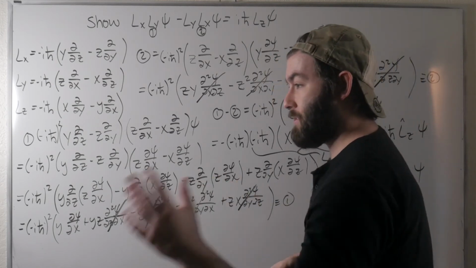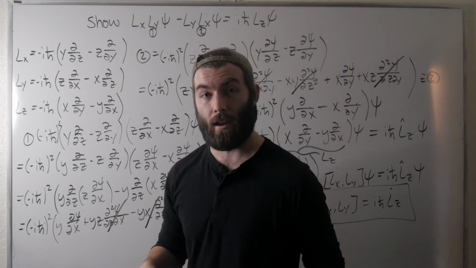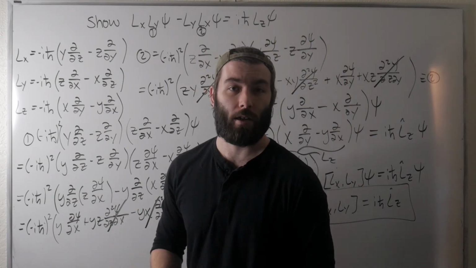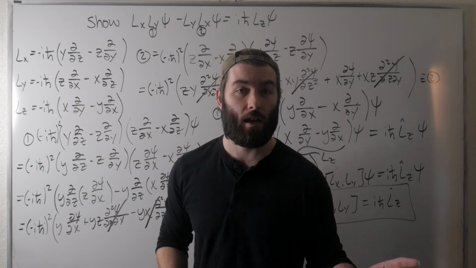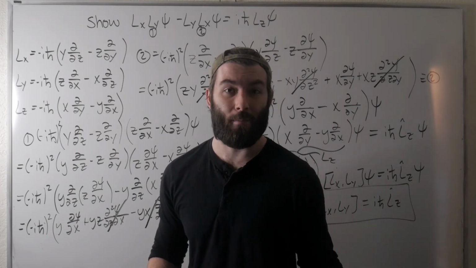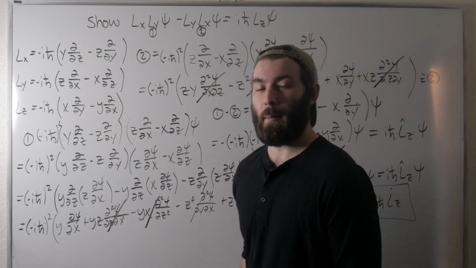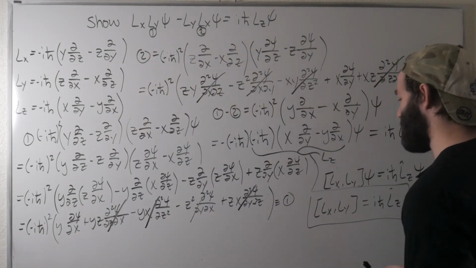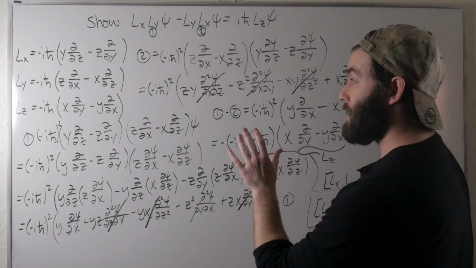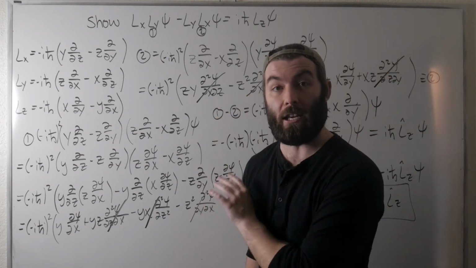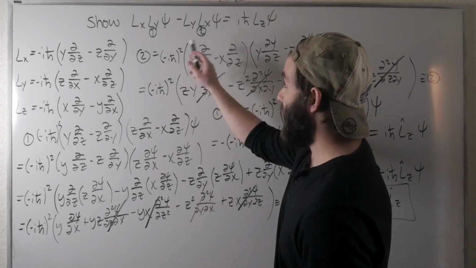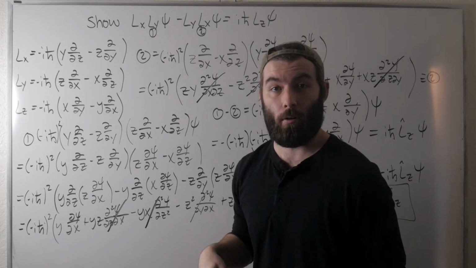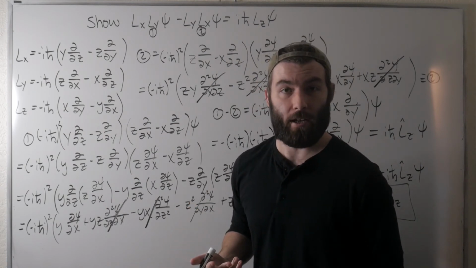People pick on position and momentum, which has the same thing. It has its own non-zero commutator relation, which means that you can't measure position and momentum at the same time. But this is telling us you can't even measure momentum and momentum at the same time, in a weird way. So I always found that particularly interesting. And this makes it even more powerful when you do get AB minus BA equals 0. That means that you can make a simultaneous measurement.